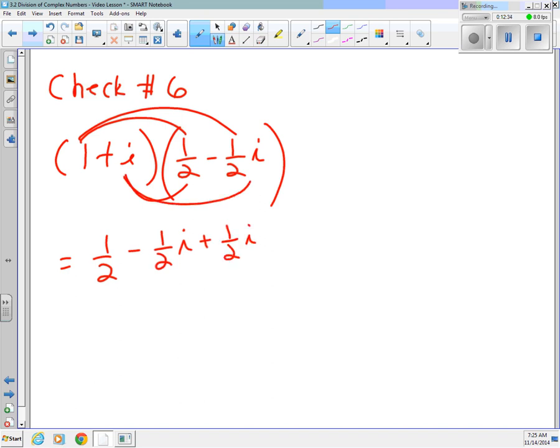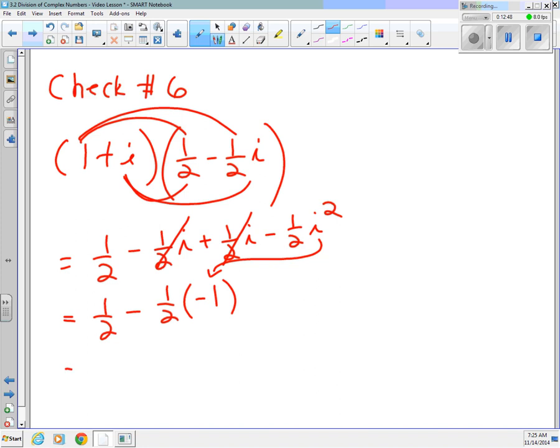And i times negative 1/2 i is negative 1/2 i squared. So the 1/2 i and the negative 1/2 i cancel. I get 1/2 minus 1/2 times i squared, which is negative 1. And we get 1/2 plus 1/2, which is 1.